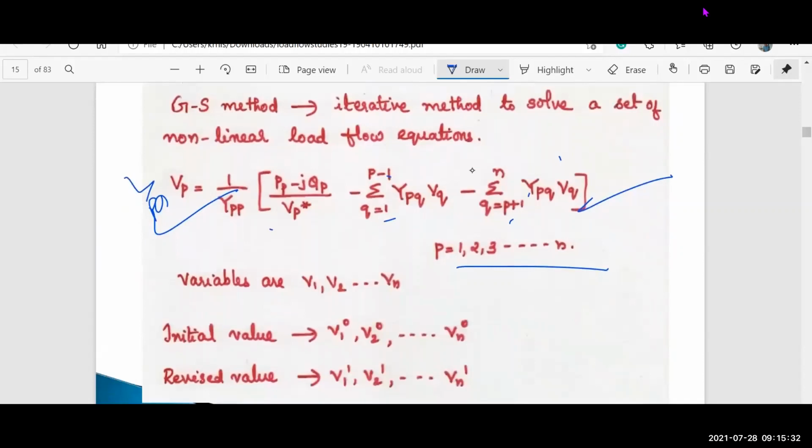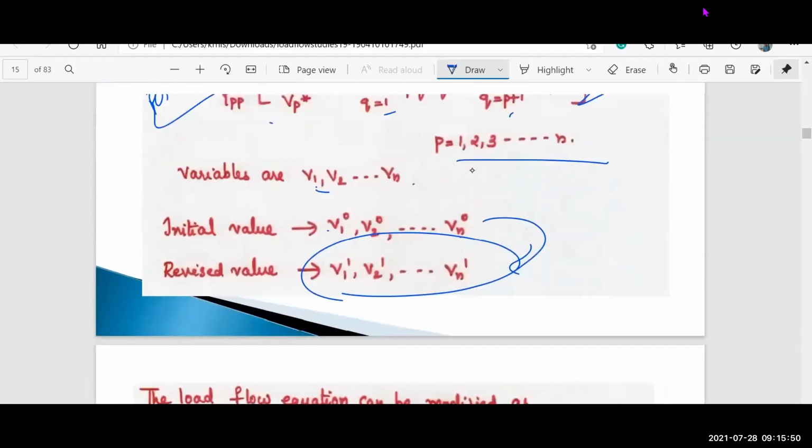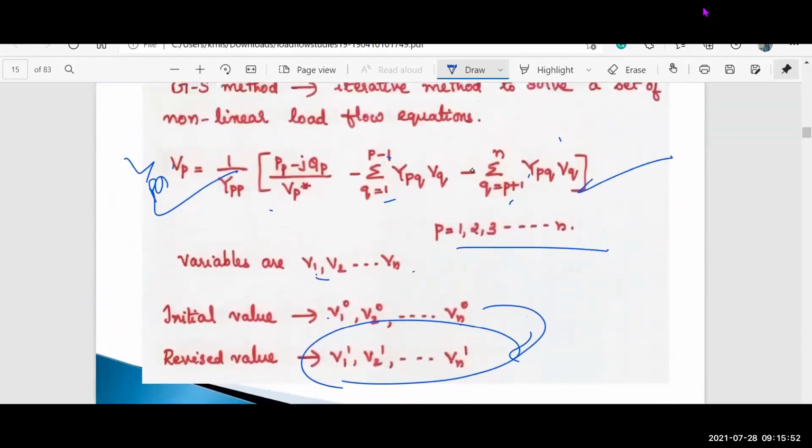Variables are V1, V2, up to VN, and initial values are V1 is 0, V2 is 0, VN is 0. The initial value would be there, and after one iteration, the revised value would be this. So for the iterative method, this is the equation what we have.